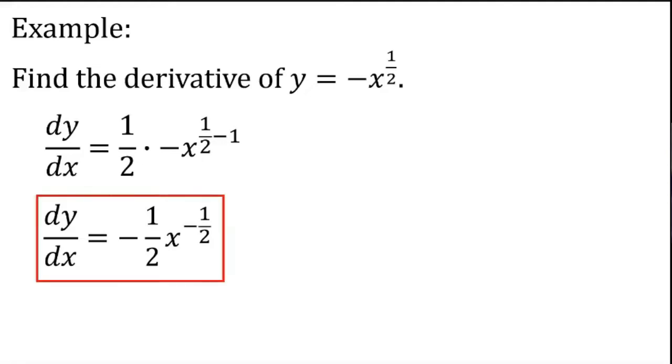So actually, this could be your final answer. But since there is a negative exponent, we can actually apply the law of exponent. We can write this as dy over dx equals negative 1 over 2x raised to 1 half.